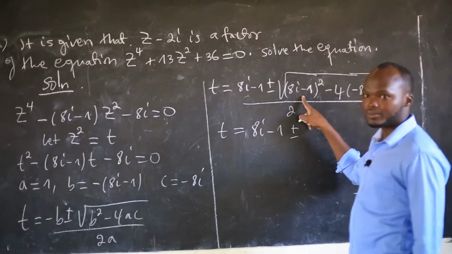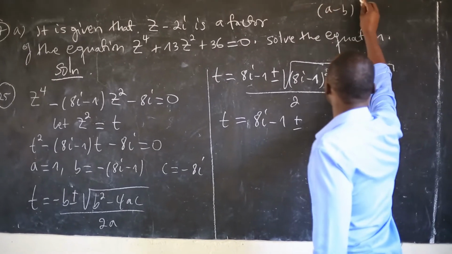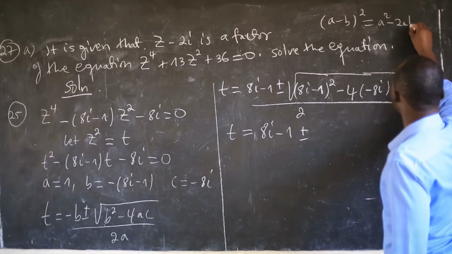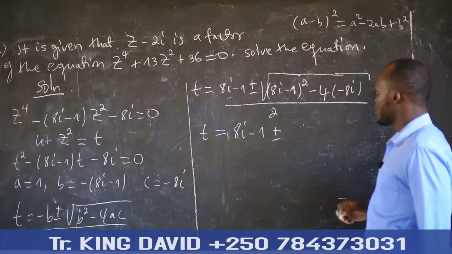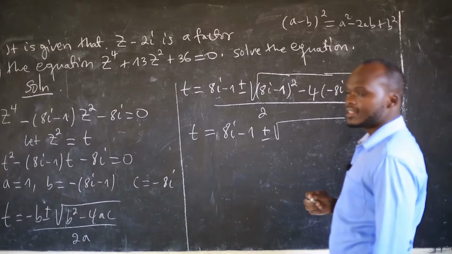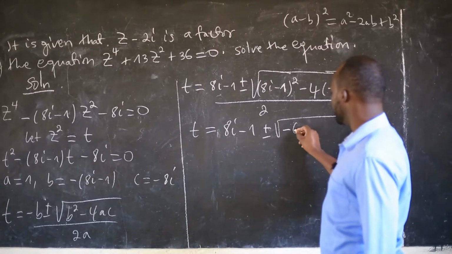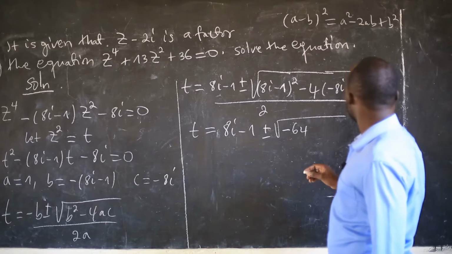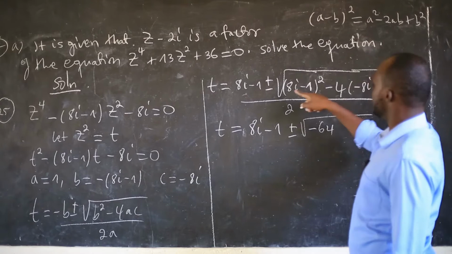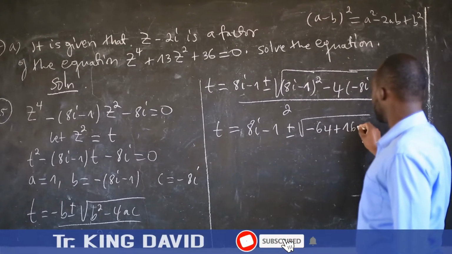We're going to expand this one. And you know when you have (A minus B) squared, the answer is A squared minus 2AB plus B squared. That's what we're going to use. So A squared is (8i) squared, that is 64 i squared, and i squared is negative 1, so that's negative 64. Minus 2AB: 2 times A, which is 8i, times B, which is 1, gives 16i.